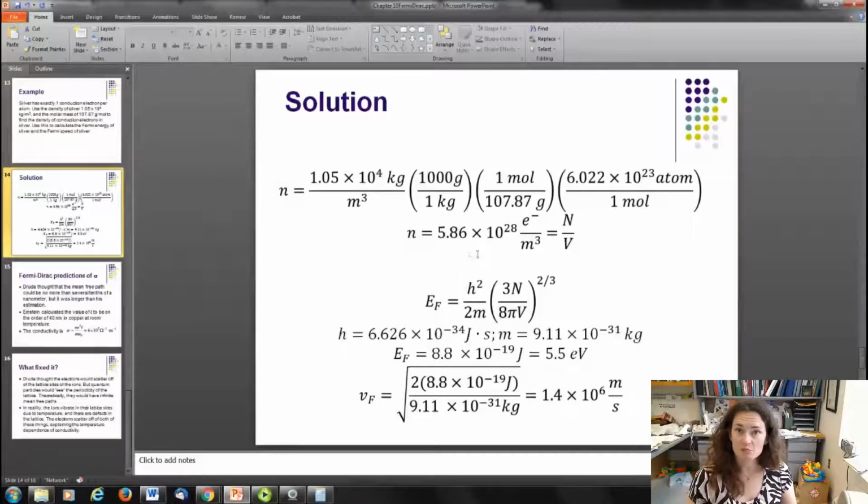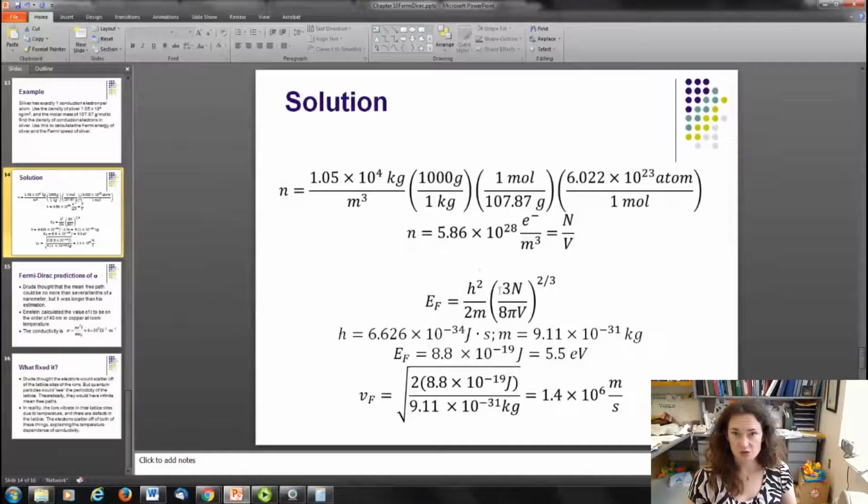Now this is a number density, or N over V. It's the number of conduction electrons per unit volume. So you set that equal to N over V and plug that into your equation for the Fermi energy. You take that value, 5.86 times 10^28, multiply by 3 and divide by 8 pi, and then raise that to the 2/3 power. And then you multiply that times the constants out front.